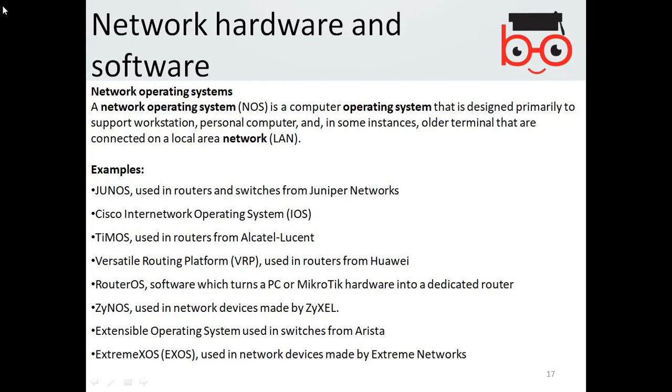If it doesn't, the device will not be usable. You must have heard that an operating system is necessary to run a computer, and a specialized network operating system needs to be stored in that particular device, otherwise your device will not operate.